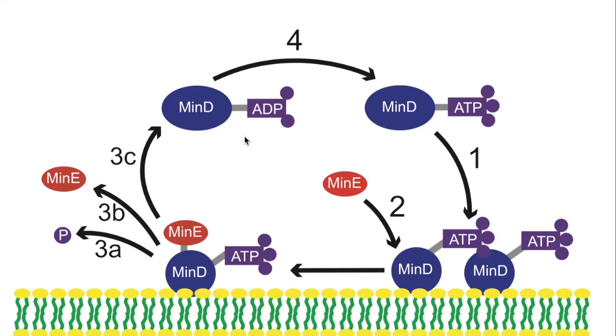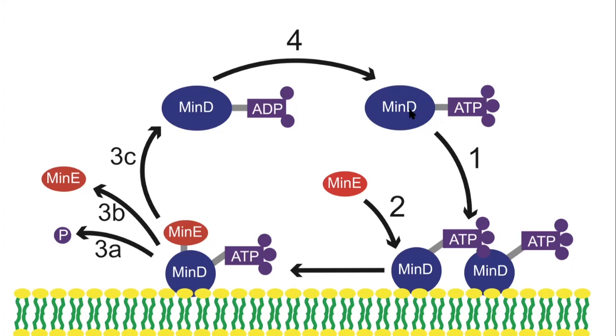And you can see that MinD can bind to ADP, which is adenosine diphosphate. That's these two little balls, which are the phosphates. And it can be converted to MinD bound to ATP, adenosine triphosphate, right? This is a common chemical fuel in your body that drives chemical processes.